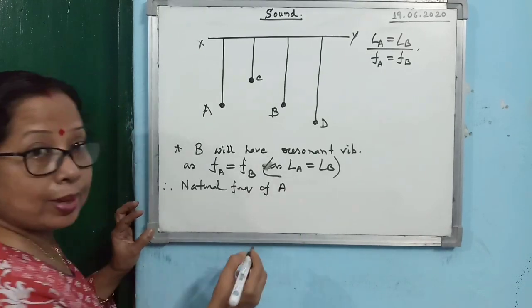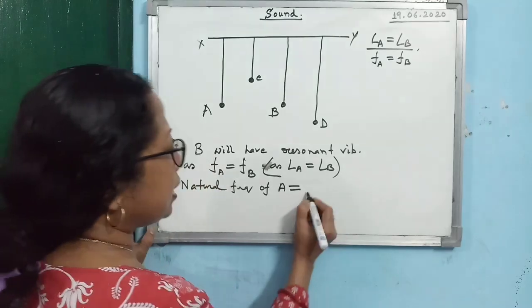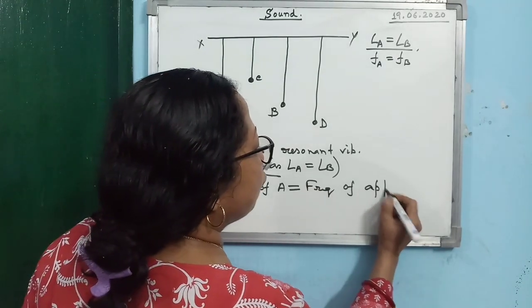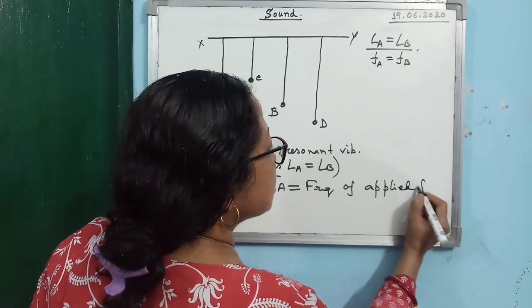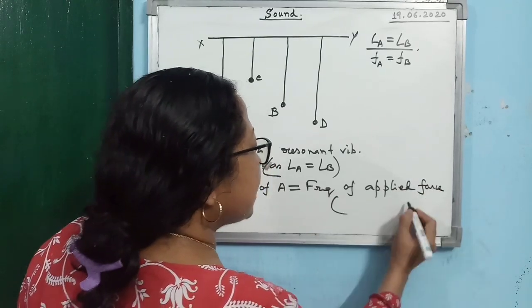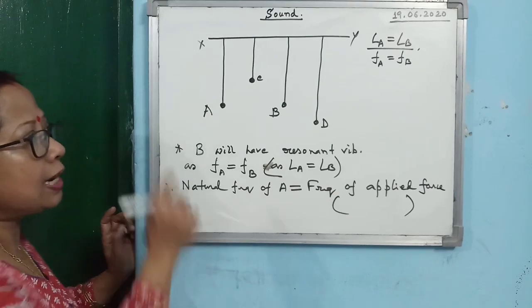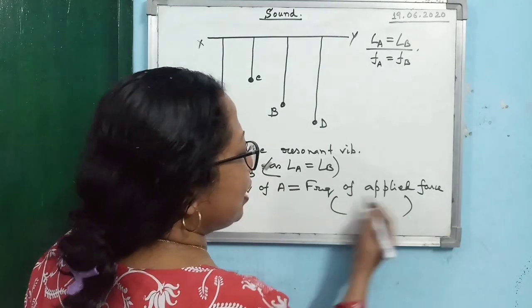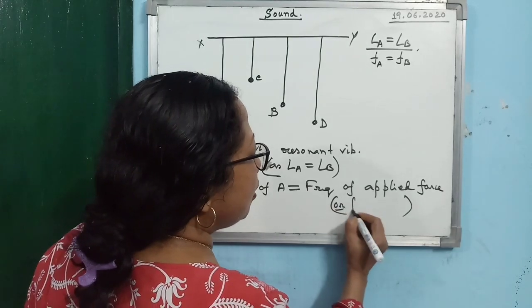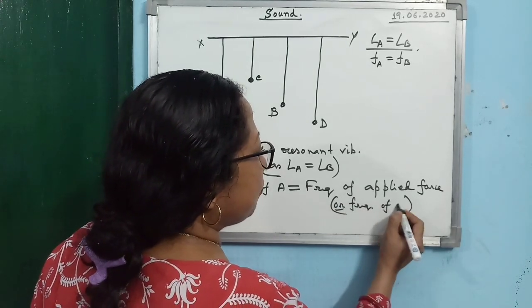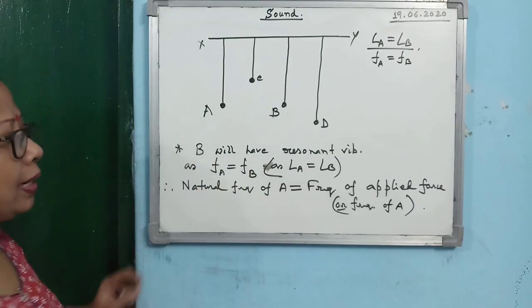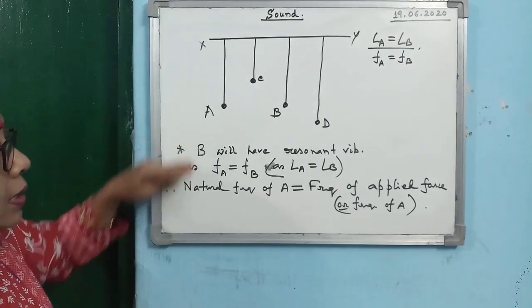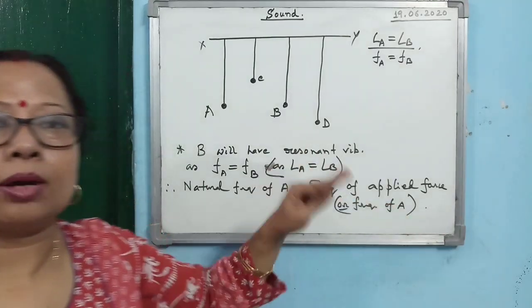So what you can write is that the natural frequency of the vibrating body is equal to the frequency of the applied force. Why am I saying this? Because in this case, who is setting the others in vibration? A. So A is applying the force, so you can write frequency of applied force or frequency of A. If any question comes related to vibration with this example, this is the way you must write down the answer point-wise.